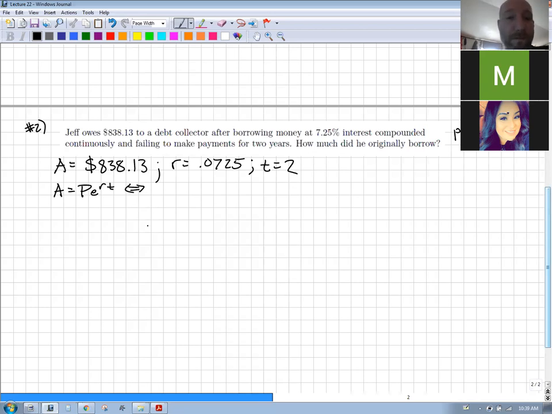We could divide both sides by e to the RT, which we can rewrite as a negative exponent if we wanted to. Either way is fine. Our amount here is 838.13 times e to the negative 0.0725 times 2.